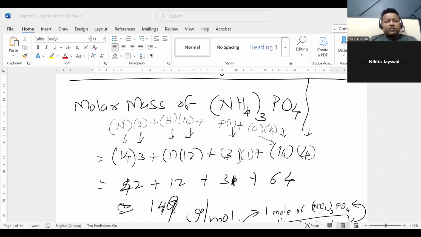No, the one above it. Let me move the cursor here. No, beside oxygen, the other way. This one? Yes, that one. That is 4. Four, okay.